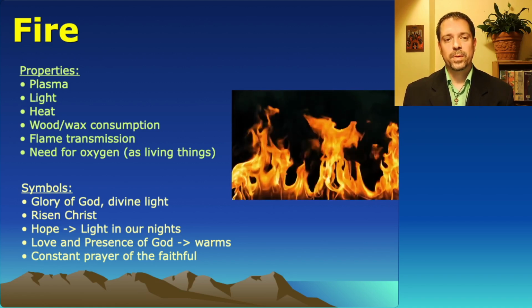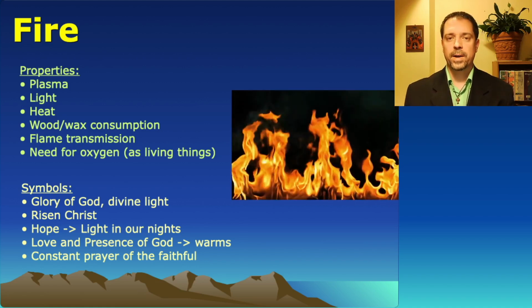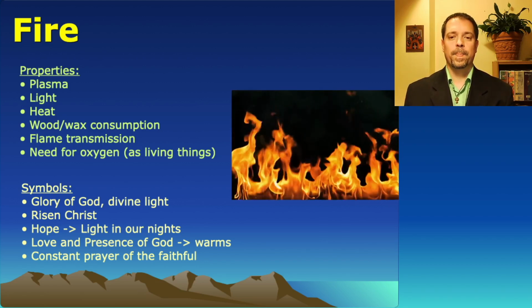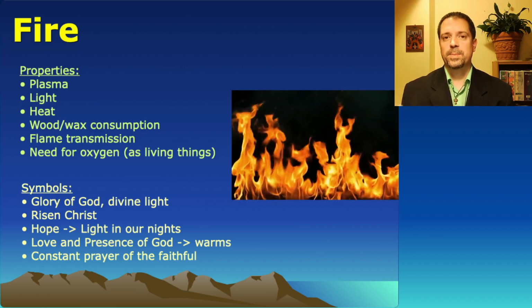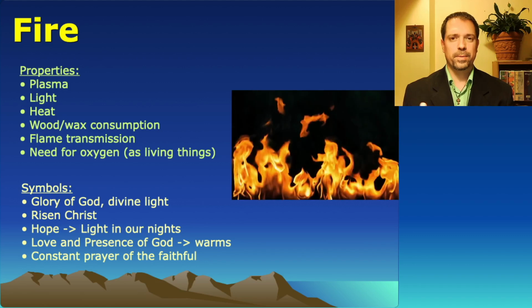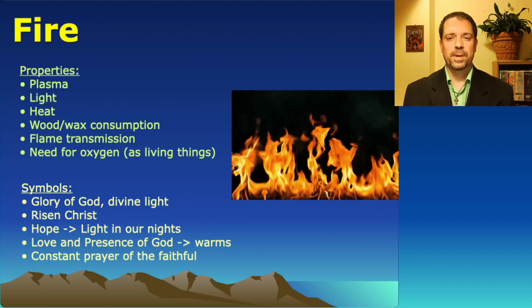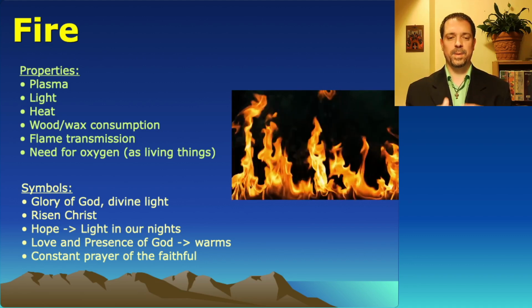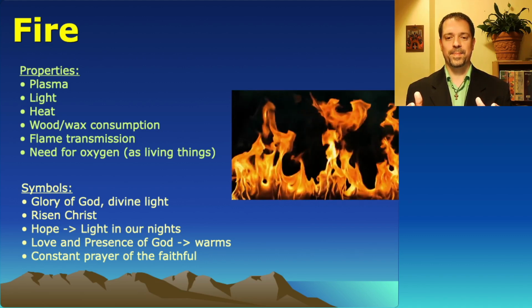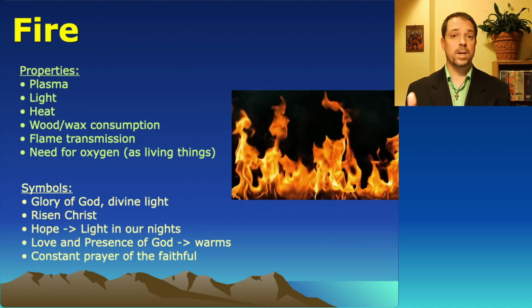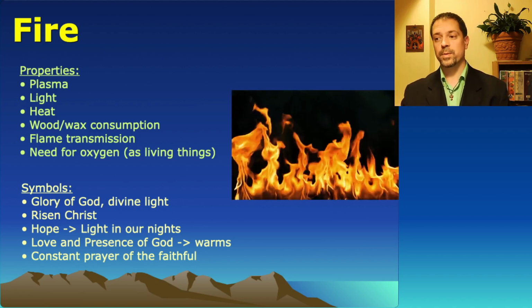Now something with the four elements that only fire has is that it can be transmitted. You don't transmit air or water or soil, but fire is being produced, and then you can transmit it to somewhere else. I'm talking about candles specifically, where the fire goes.